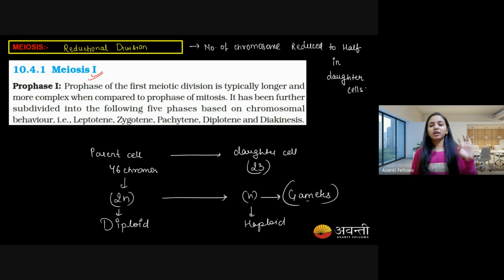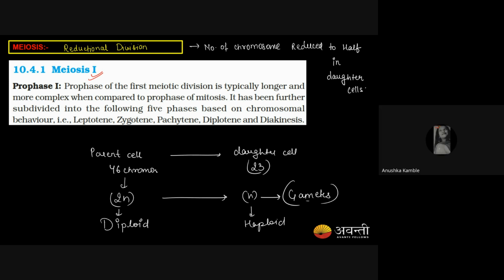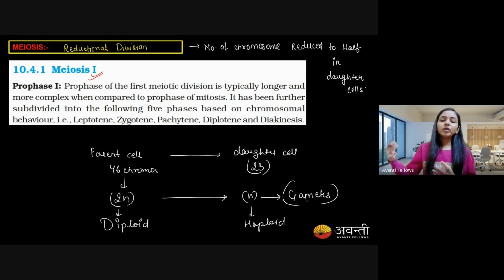All the phases of meiosis 1 we will write as prophase 1, metaphase 1, anaphase 1, telophase 1. And for meiosis 2, the phases we will write as prophase 2, metaphase 2, anaphase 2 and telophase 2.